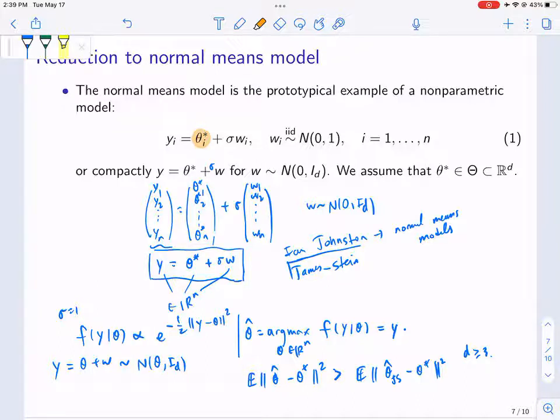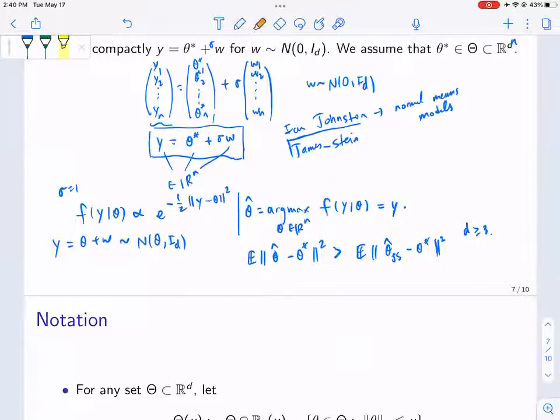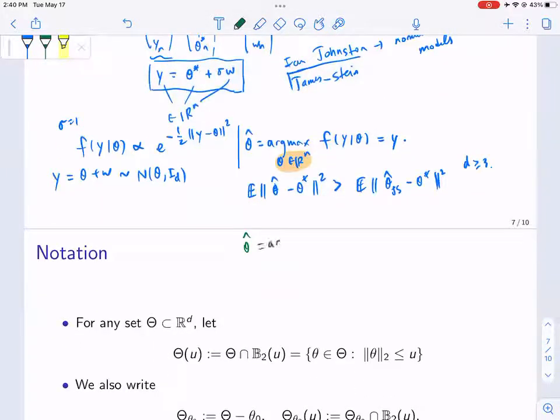You can see, for example, that the models I mentioned can be reduced to this model in various ways. In every case, this theta star turns out to be in some structured subset of R^n, not R^d, R^n. And so we can do better than the MLE. A natural thing would be to replace this with argmax over theta in capital theta.